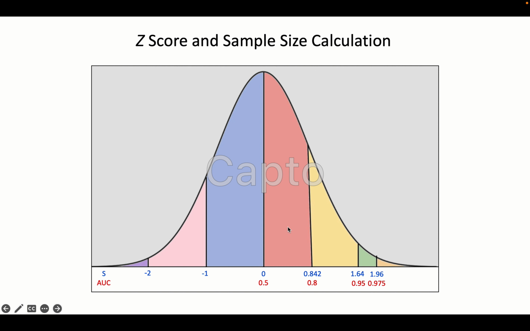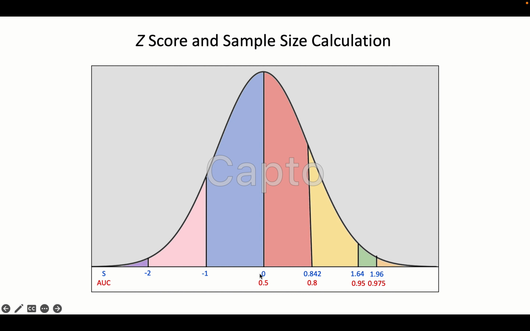Then imagine that you have to calculate the area under the curve. The area under the curve at 0 is exactly the middle, so that would be 50%. In that particular case, the Z-score, which is nothing else than the standardized value of that observation, is just 0.